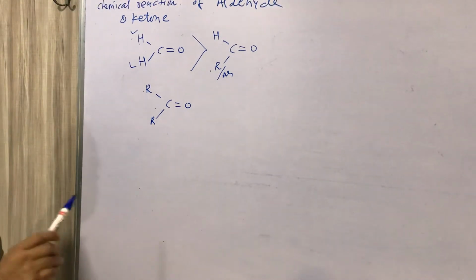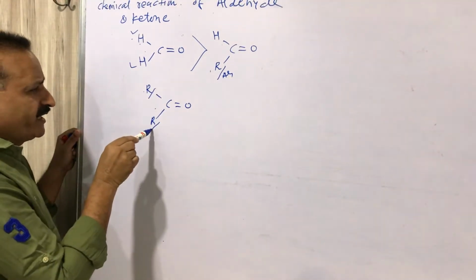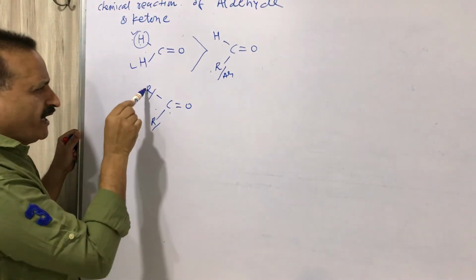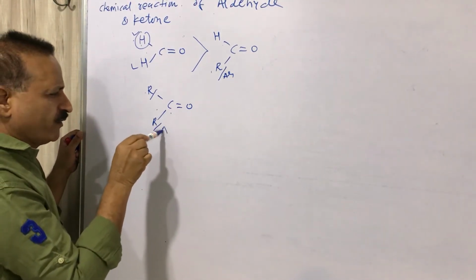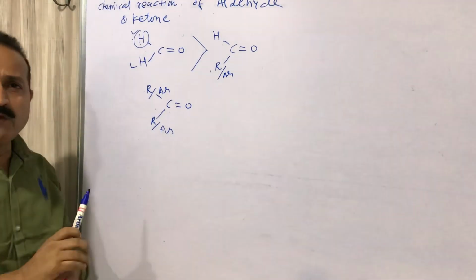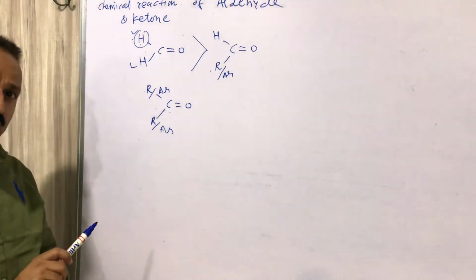We have discussed that the alkyl group is less reactive than hydrogen. So in ketone there are two alkyl groups present, or one alkyl group and one aryl group, or both aryl groups present. So it will be more difficult to have a chemical reaction.